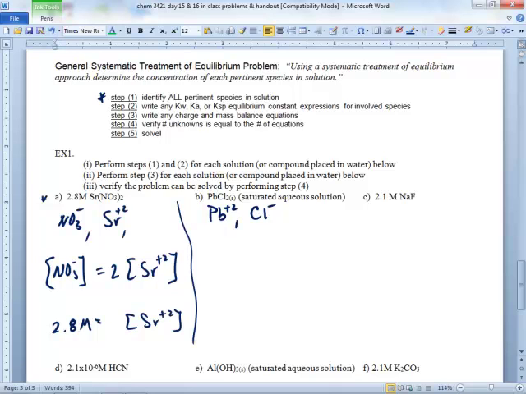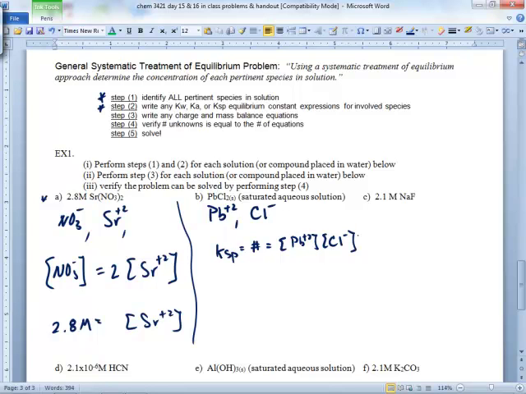Now we're supposed to write Kw, Ka, or Ksp? Yep. So the Ksp equals the number. We get it from a table. And that has to equal what? So close.